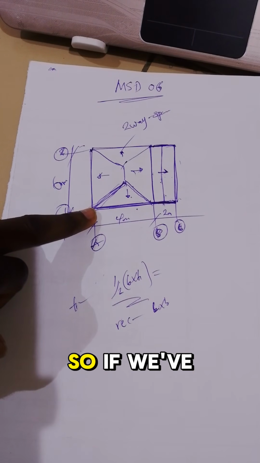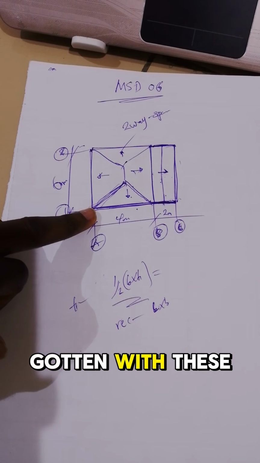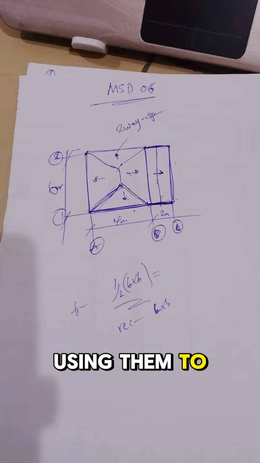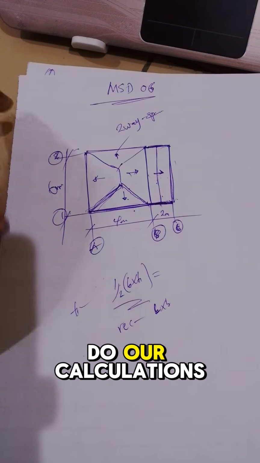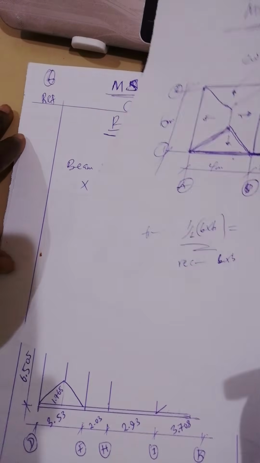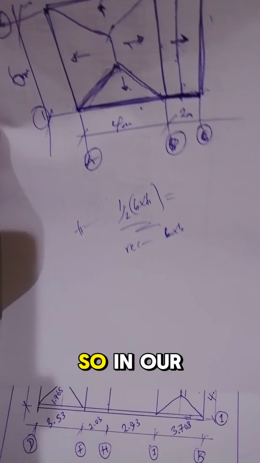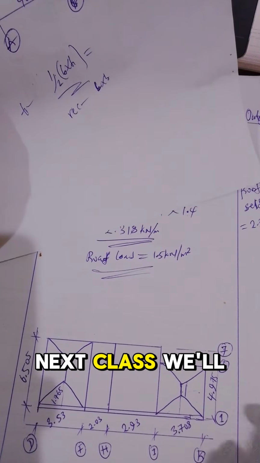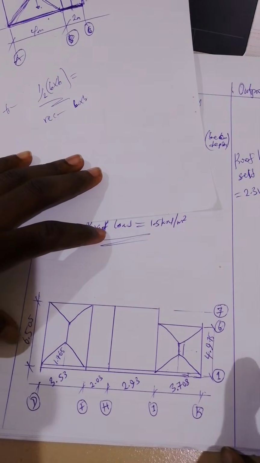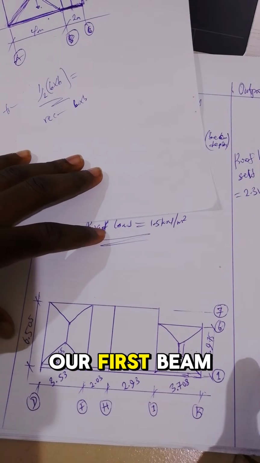So if we've gotten these areas, each of these areas will be used to do our calculations. So in our next class, we'll be looking at this, our first beam.